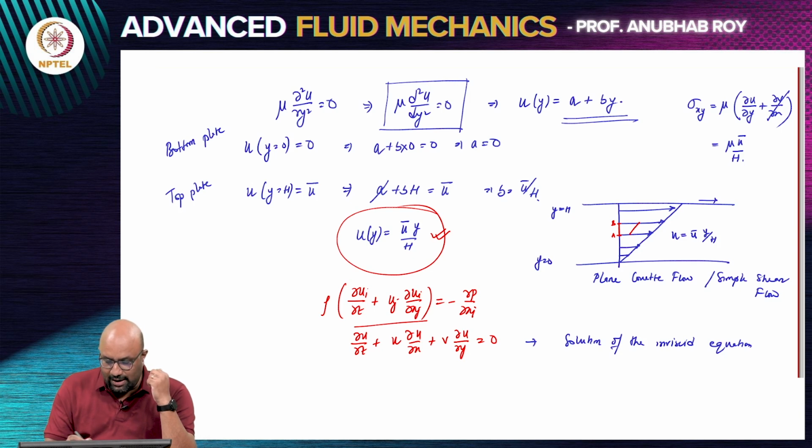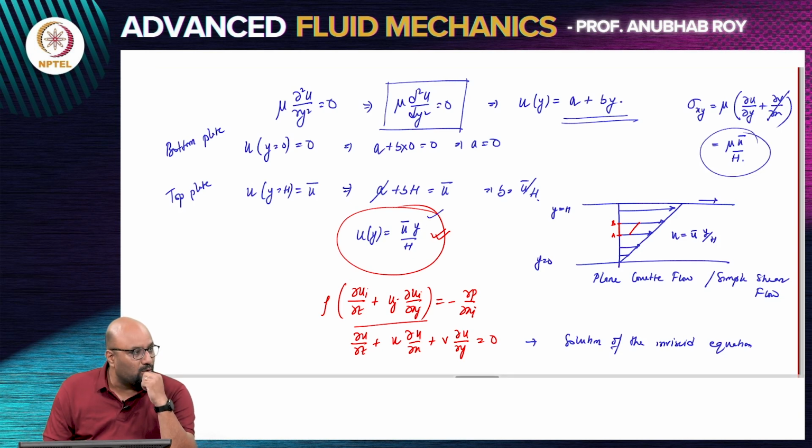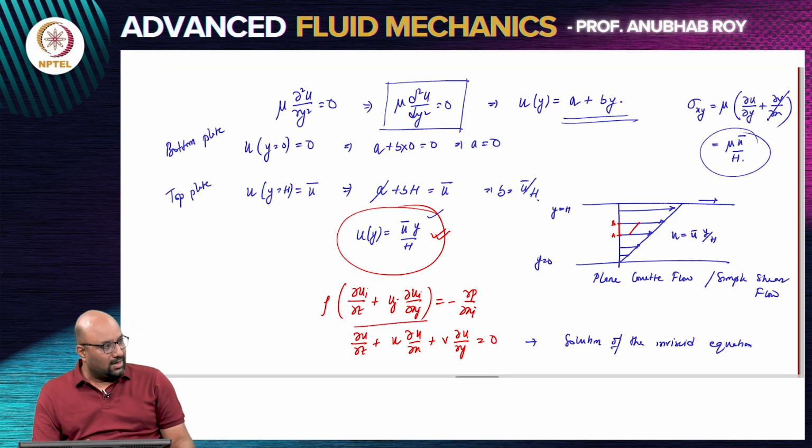Mu is there. Well, the velocity profile here doesn't have a mu, but shear stress will have a mu there. So, there is a constant shear stress, and constant shear stress is connected to a linear velocity profile.